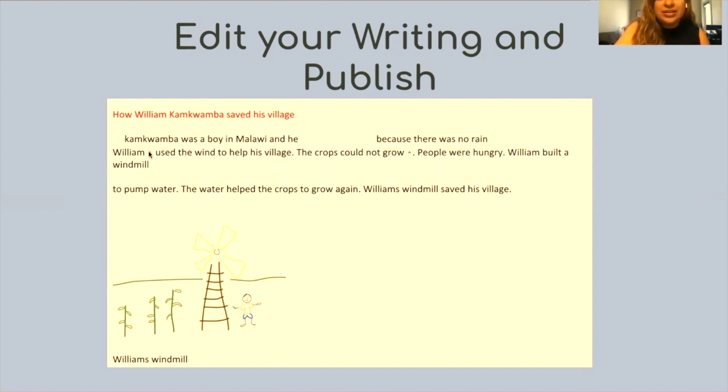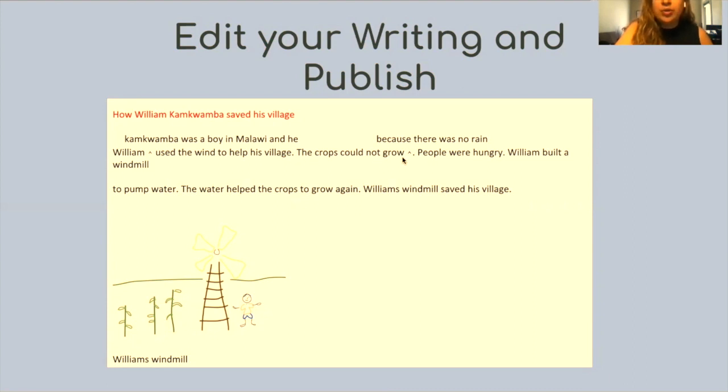Now notice that this little sign here means that I added something in my story. So instead of saying William used the wind to help his village, I added a little more information about William. So I put William Kamkwamba was a boy in Malawi and he used the wind to help his village.